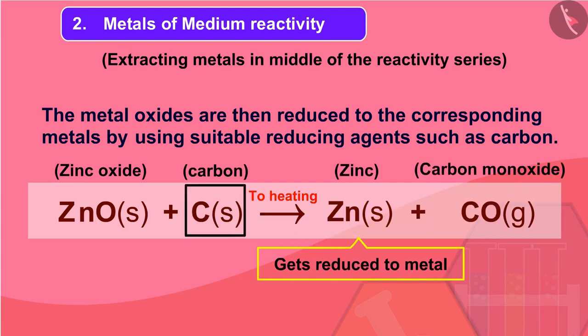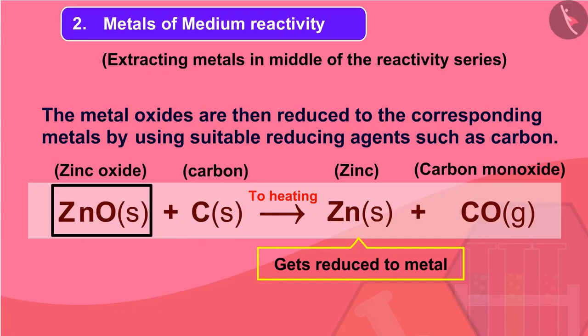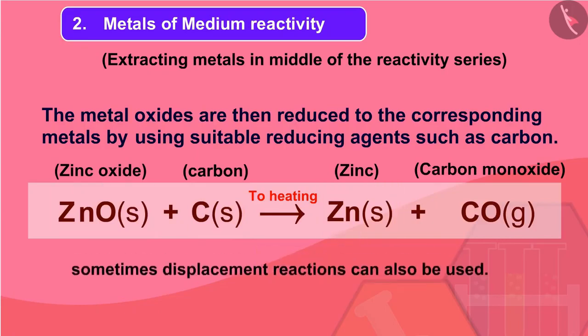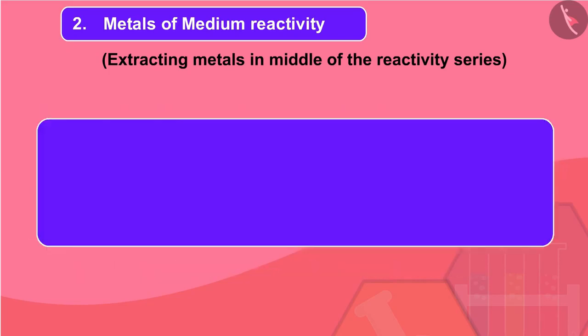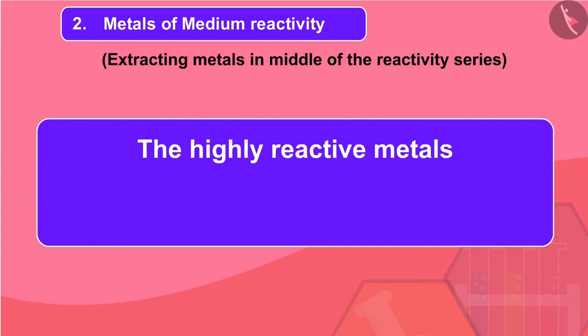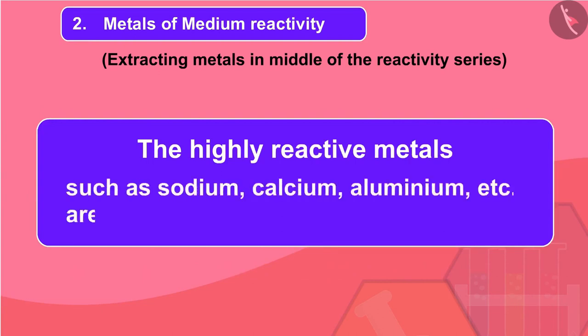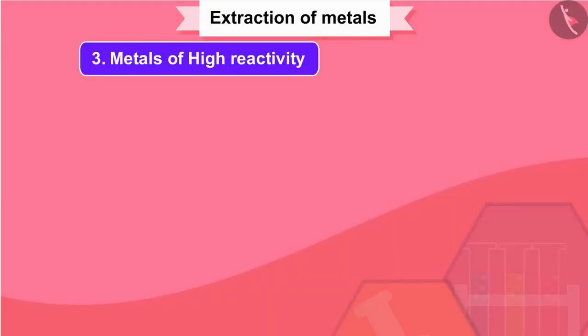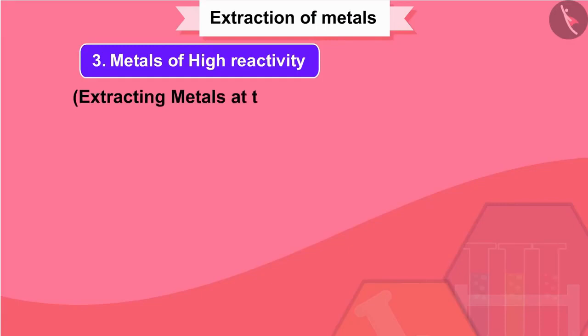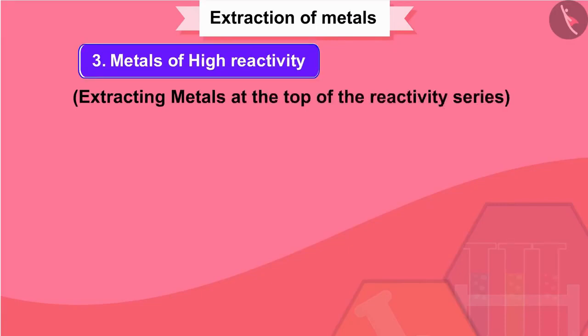Besides using carbon, coke to reduce metal oxides to metals, sometimes displacement reactions can also be used. The highly reactive metals such as sodium, calcium, aluminium, etc. are used as reducing agents. Extracting metals at the top of the reactivity series, highly reactive metals.